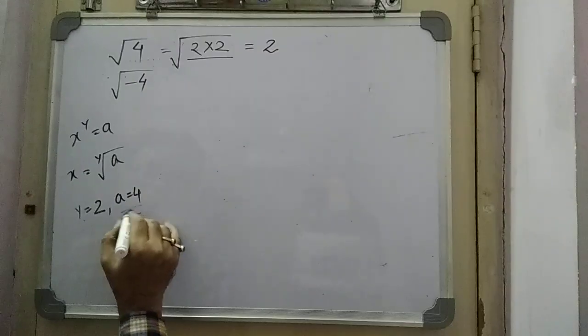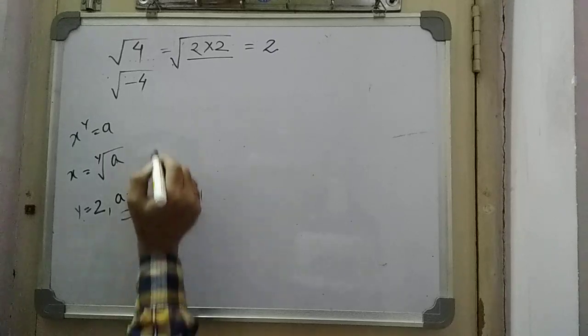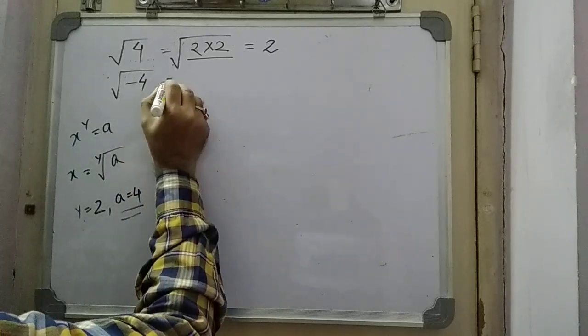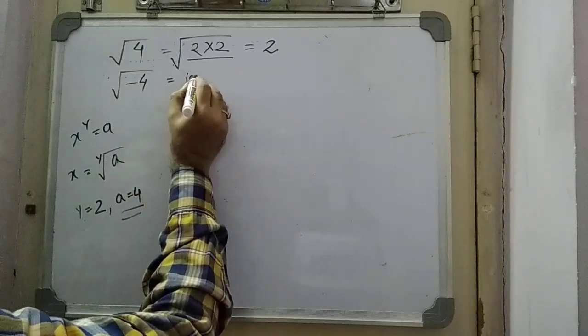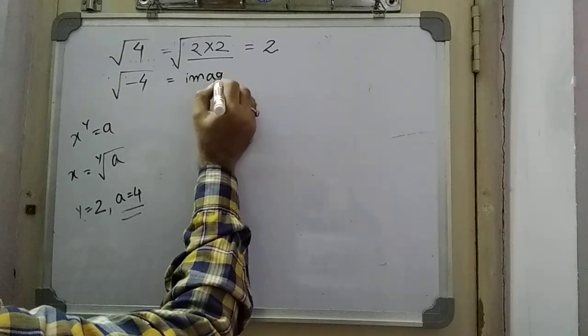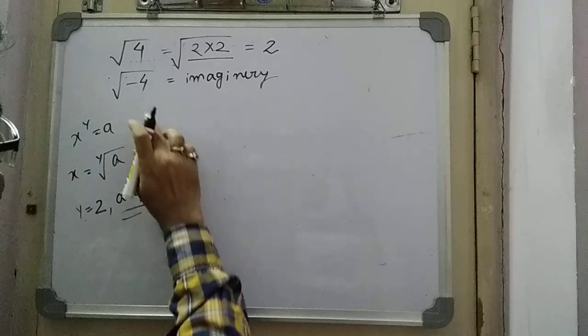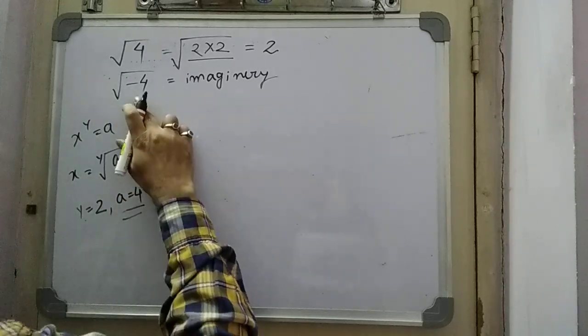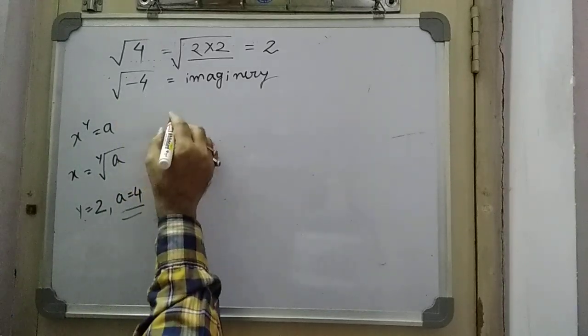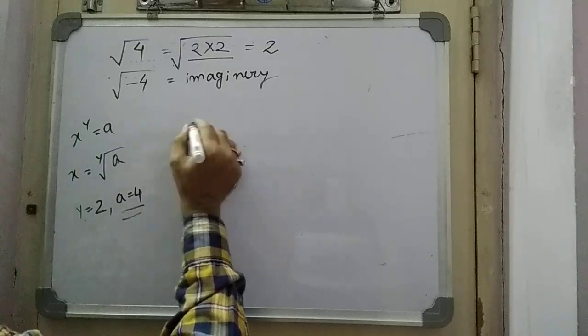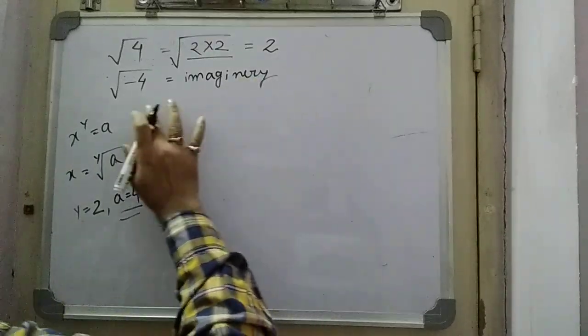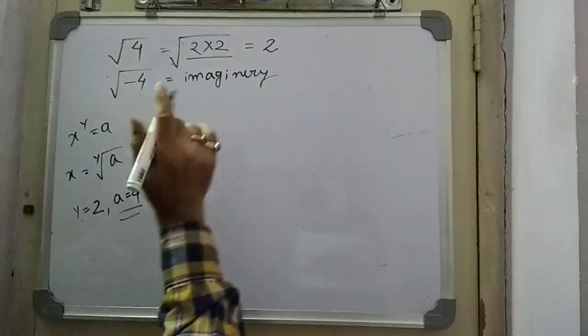But if we take a as minus 4, this is an imaginary number, because we all know that we cannot find the root of a negative number. So the root of a negative number does not exist.